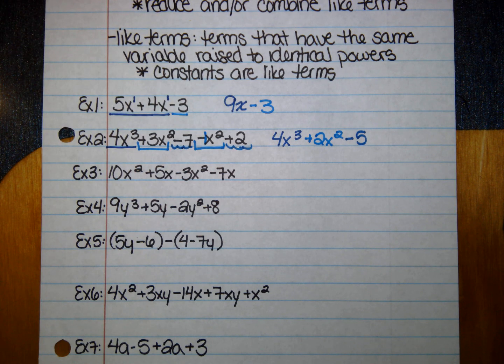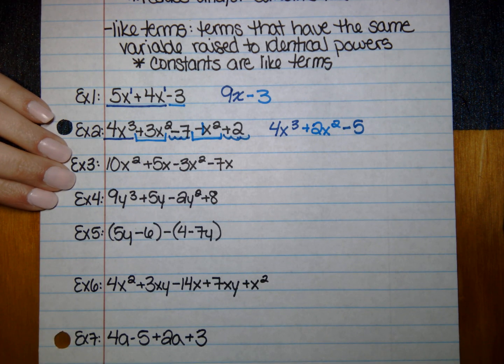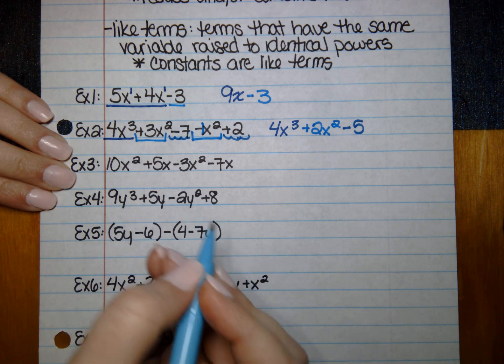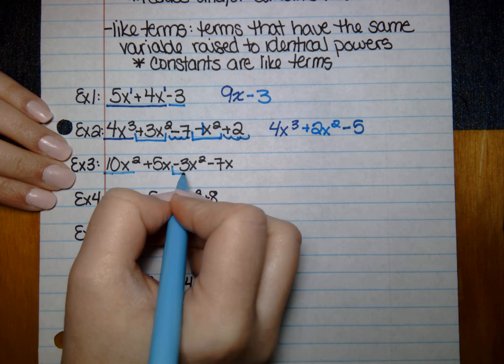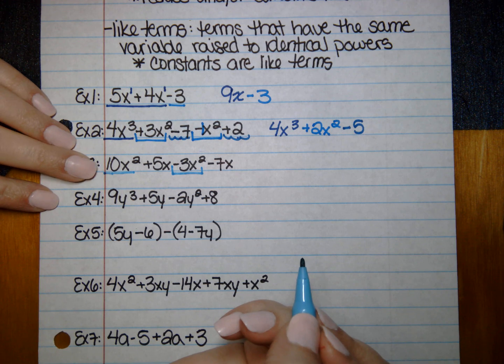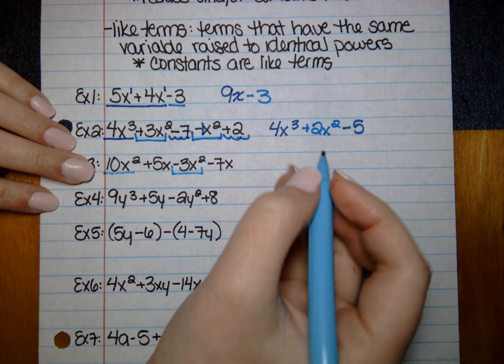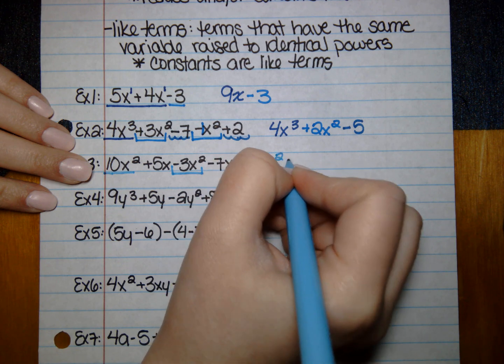If we look at example 3, I have 10x squared plus 5x minus 3x squared minus 7x. Again, I'm going to start with my highest exponent, which is a squared. So I have the 10x squared and a minus 3x squared. Do the operation with your coefficients. 10 minus 3 is going to give me 7x squareds.